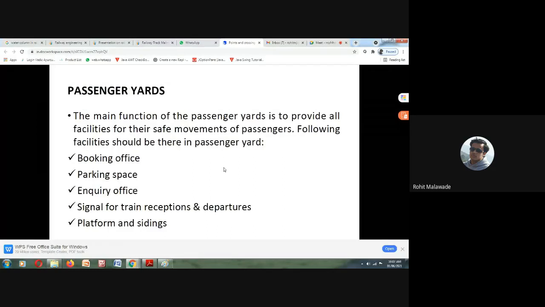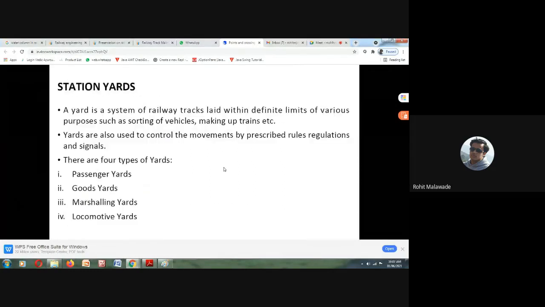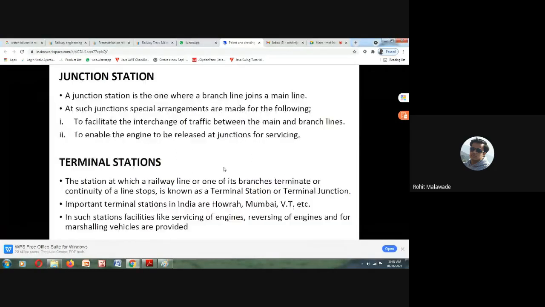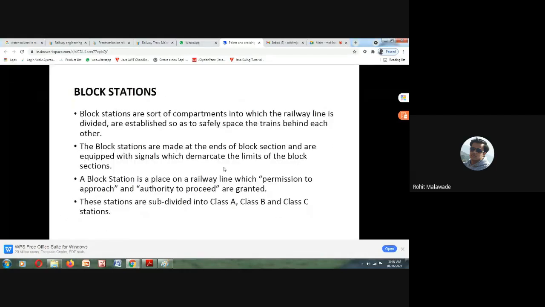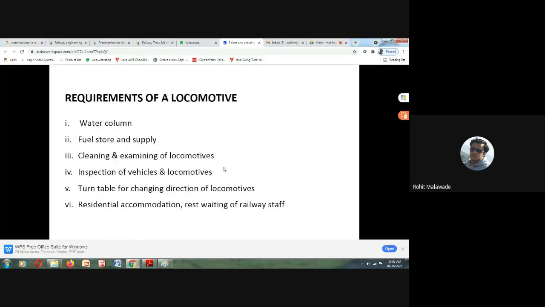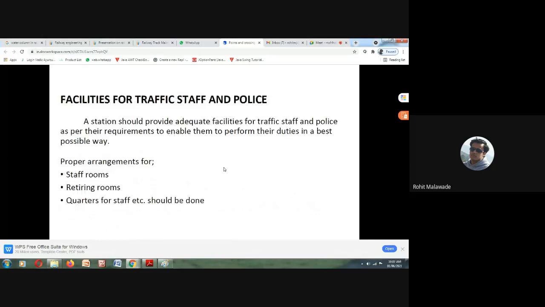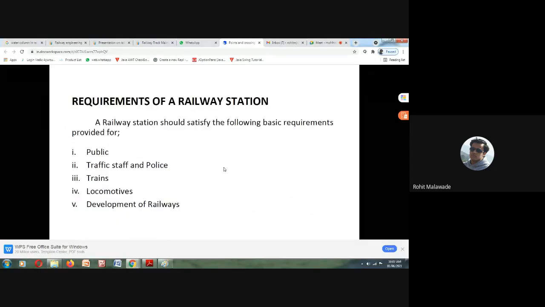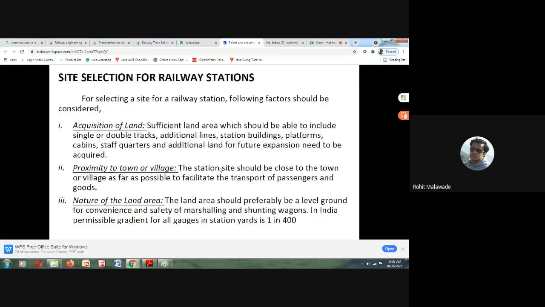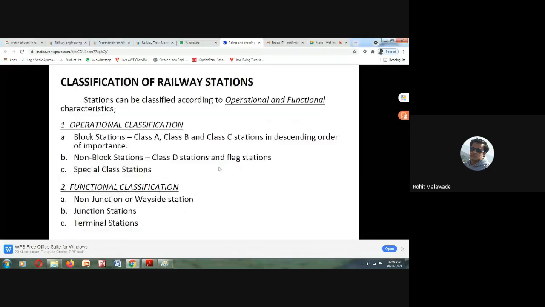Okay, so in today's class, we have seen what a railway station is, what kind of facilities should be there at the railway station, what the location requirements are for these railway stations, and the different classifications of a railway station.